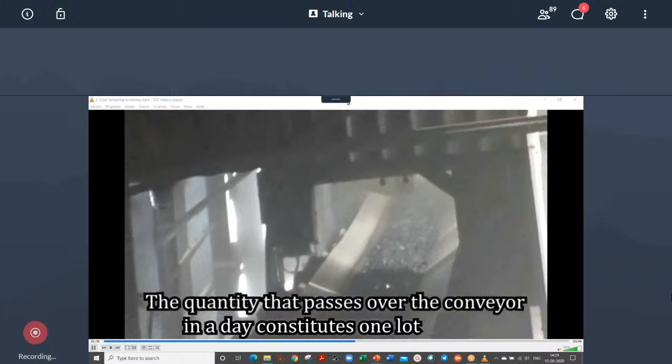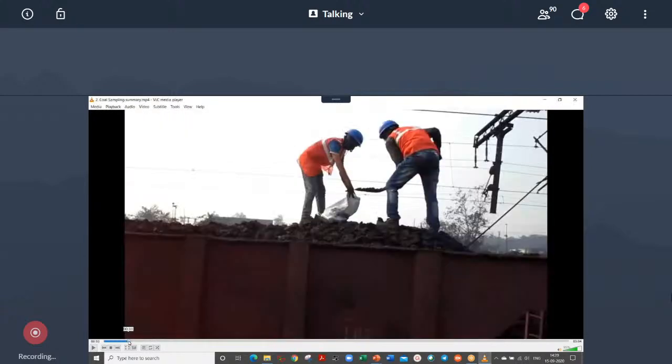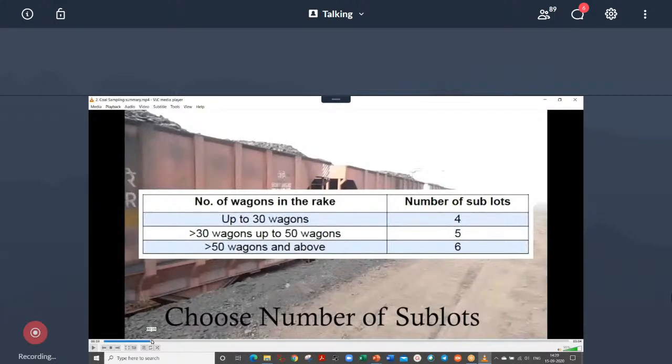Now you go into this picture. You see the overhead electrical lines, right? And you see the people on the top of the rake, so it is an unsafe condition. And next, it is said that 25 centimeters of sample from the top has to be removed.